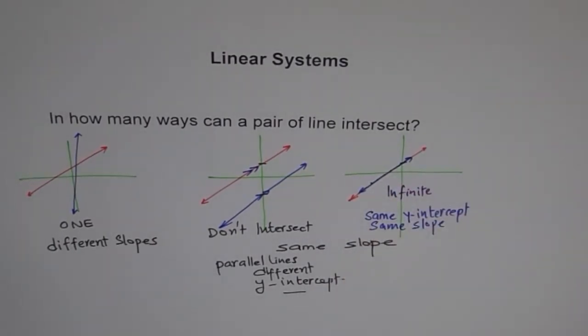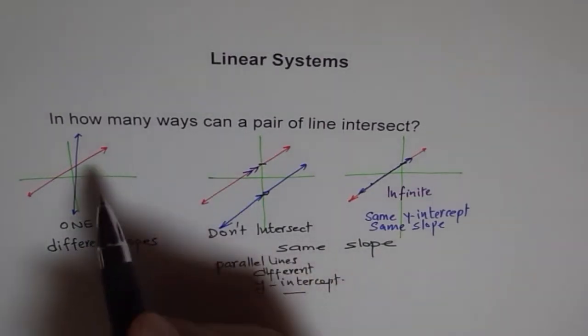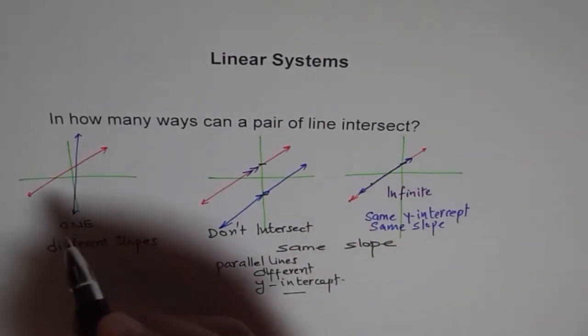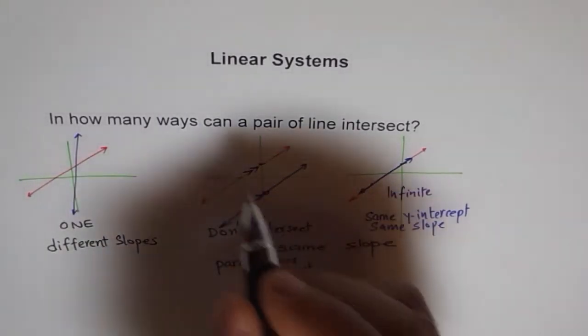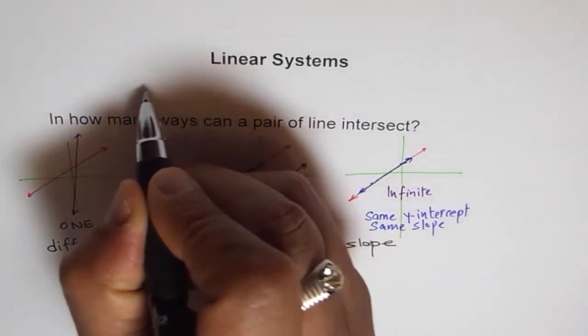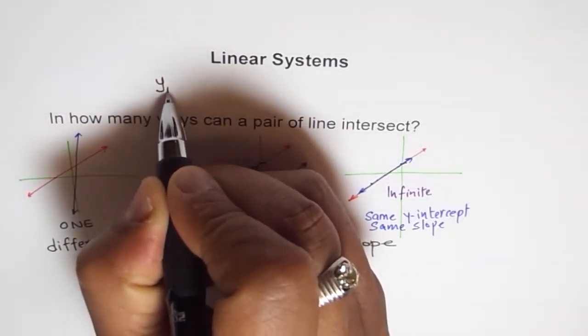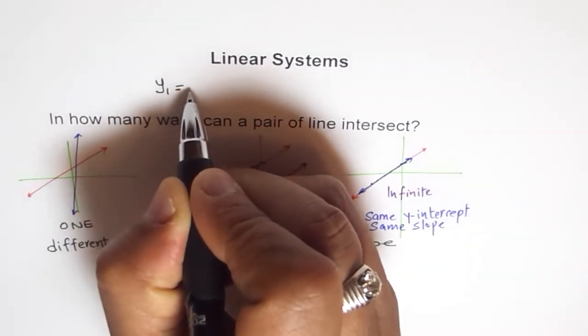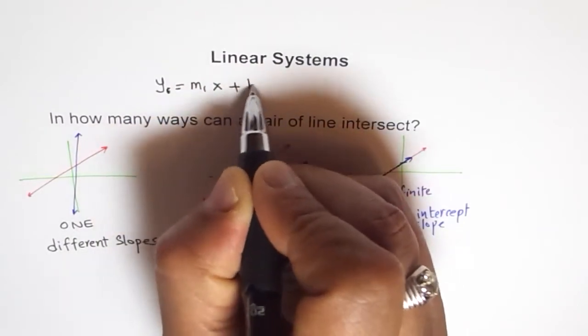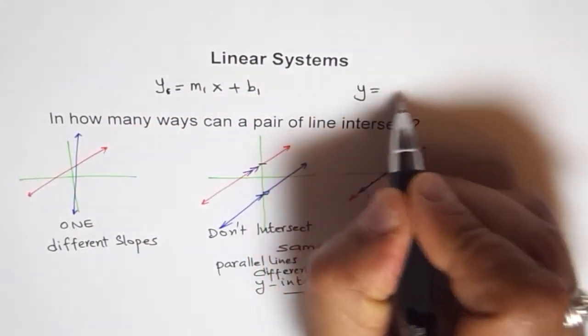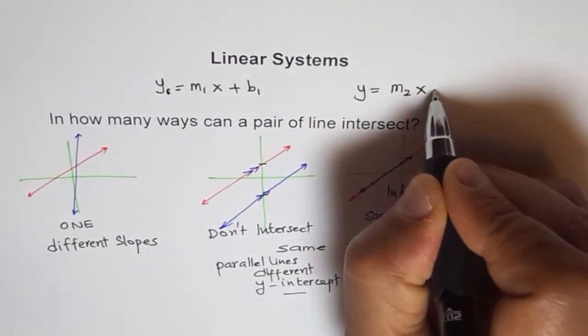So we basically have three scenarios, correct? So if I have to write the equation of the line, then let's say the equations of the two lines are y equals m1 x plus b1, and y equals m2 x plus b2.